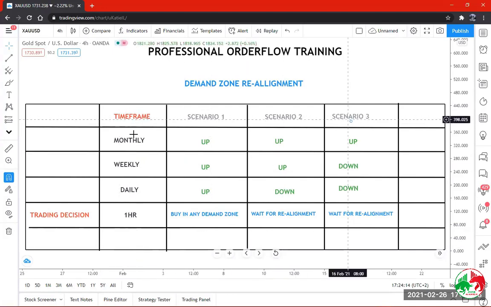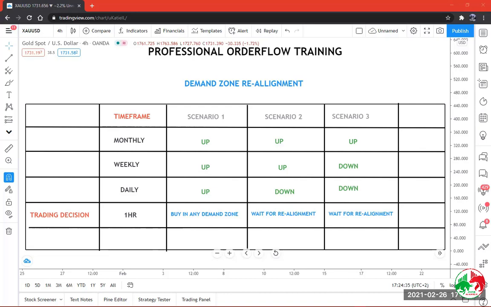So scenario 3, if your monthly is bullish, but your weekly is bearish and your daily is bearish, you also wait for realignment, because this is actually a very bad scenario. It's a poor scenario because it simply means there's no alignment. So you simply wait for these 2 time frames, the daily and the weekly, to be bullish, in order for realignment.